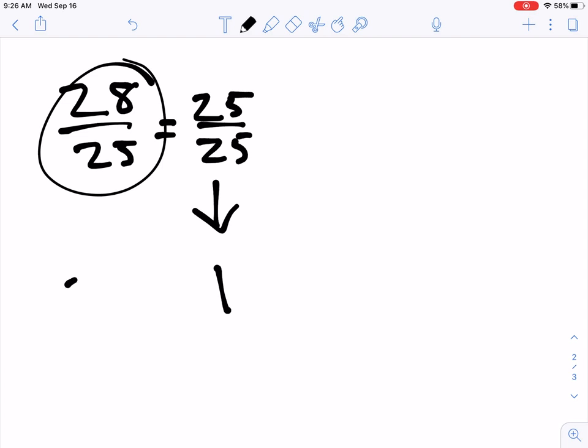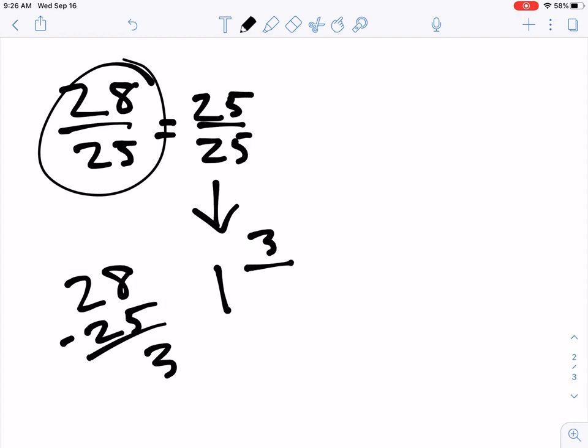If you start with 28 pieces and you get 1 whole out, which is 25, you're left with 3. So you have 3 parts left of the whole, so you have 3/25ths left. That's the concept behind how this works.